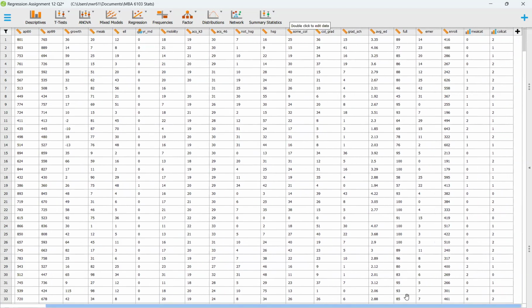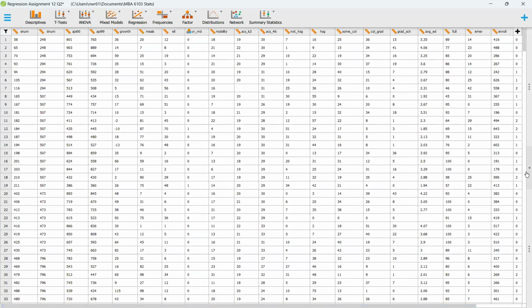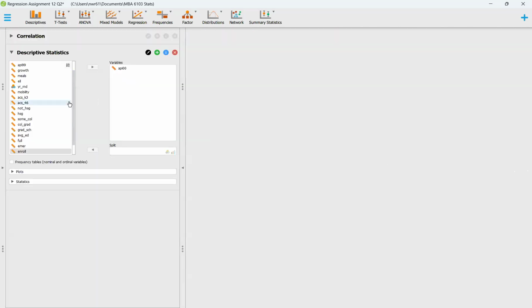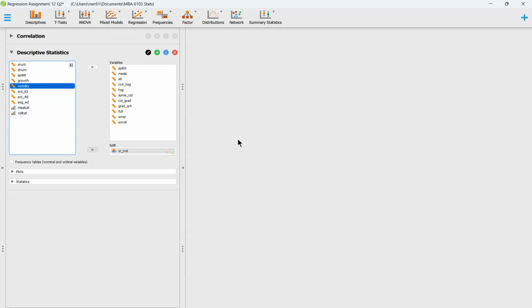Am I seeing anything else? No. Okay, perfect. Crap, I have to select all those words again too. Here, split is just going to be year round.